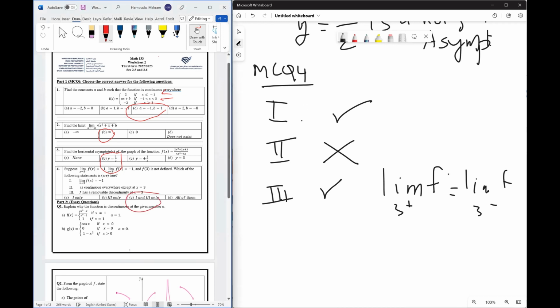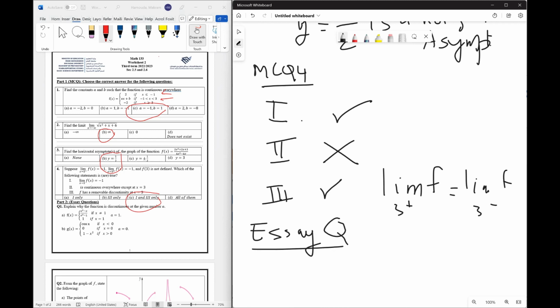Now we will move to the essay question. Essay part. And for the first one, we want to explain why the following function is discontinuous at the given point.